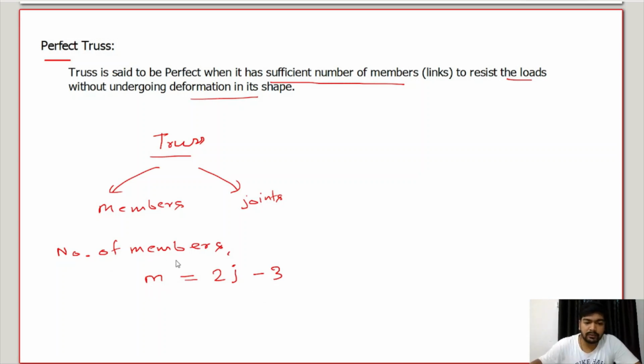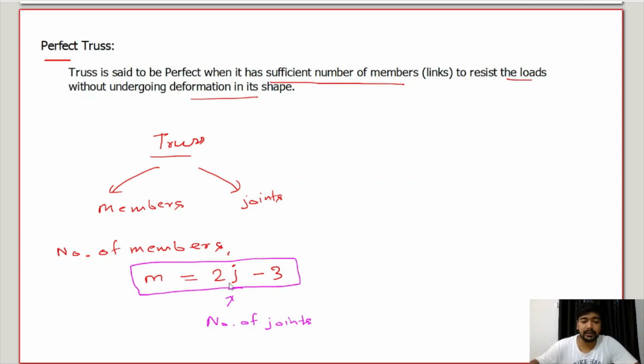That is M = 2J - 3, where M is the number of members and J is the number of joints in the truss. This is the formula. And if this 2J minus 3 gives the number of members, and this number of members is exactly in the truss, then that truss can be called a perfect truss.